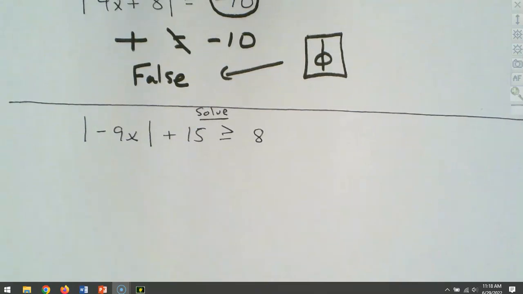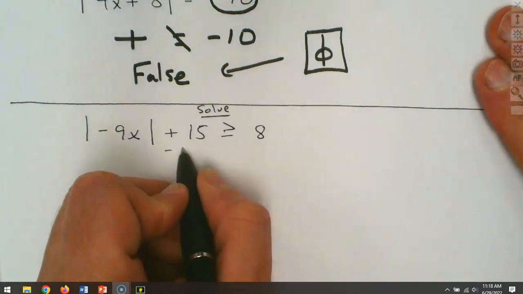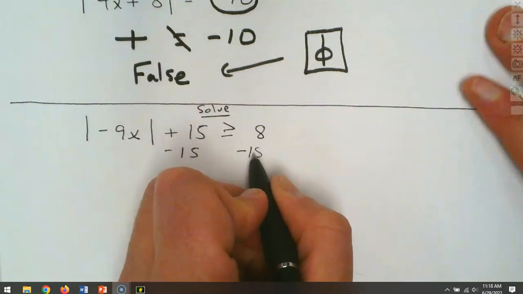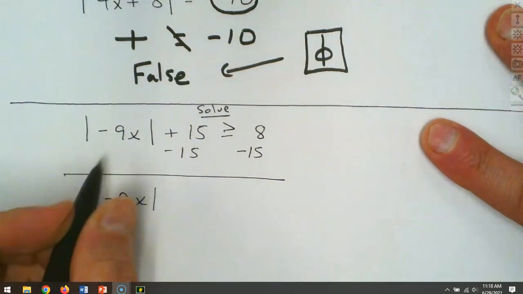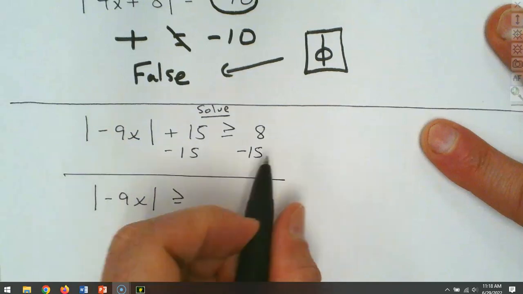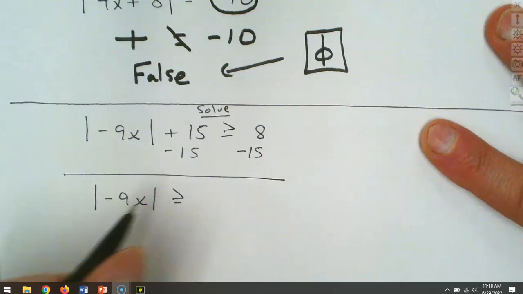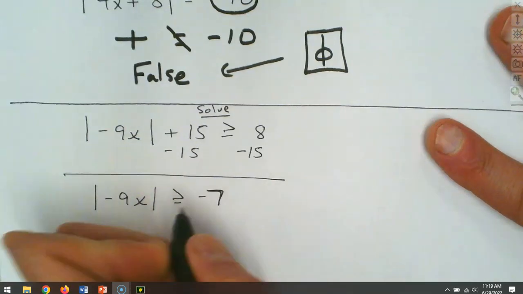And that 15, is it part of the absolute value? No. So that 15 has to be moved over, and that makes it a negative. And 8 minus 15, well, that's a minus 7, isn't it?